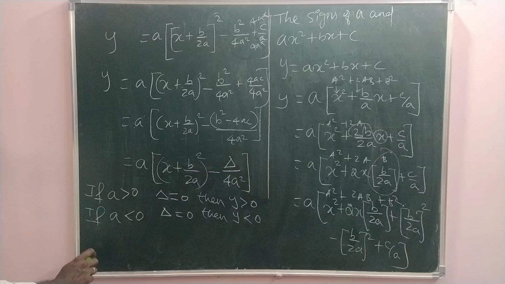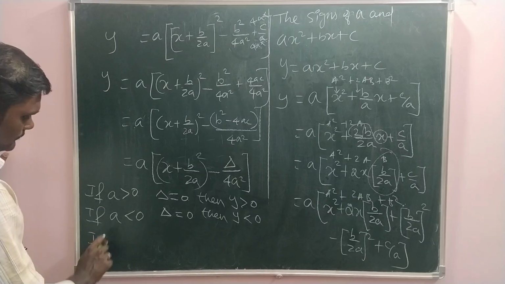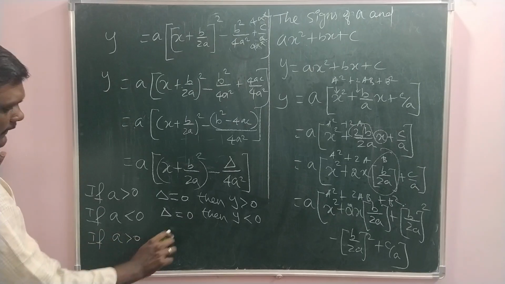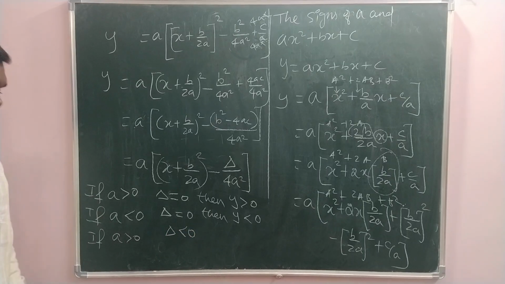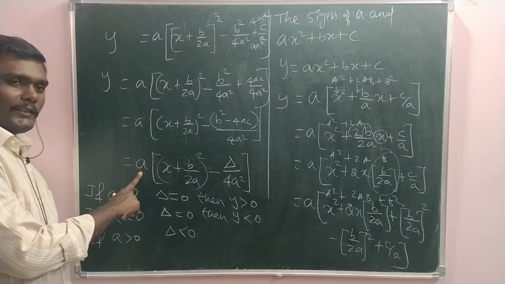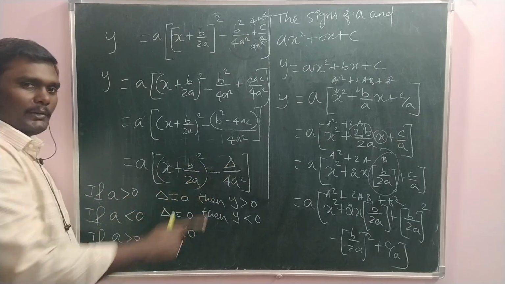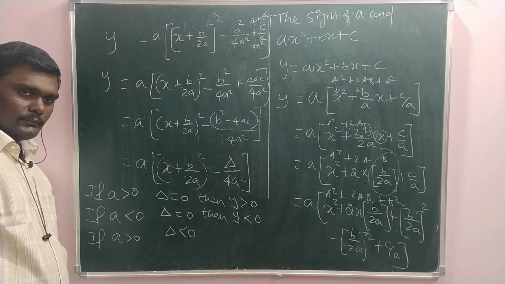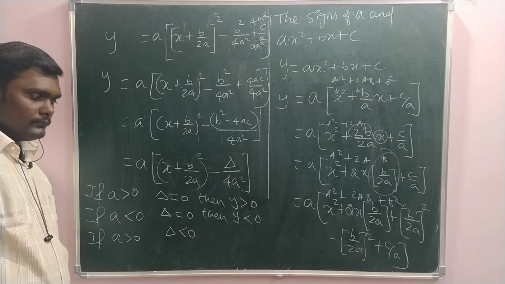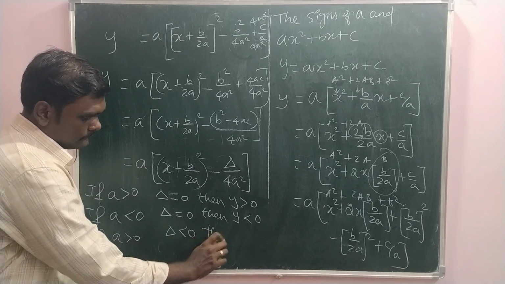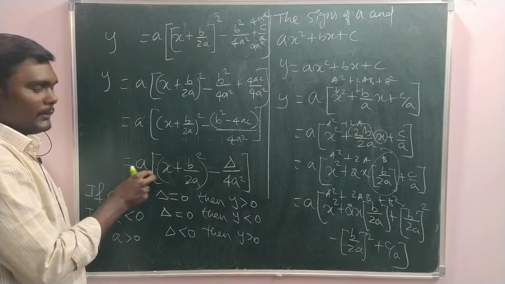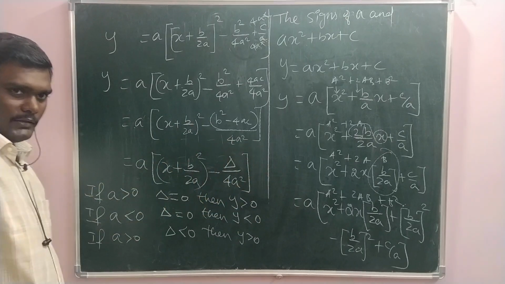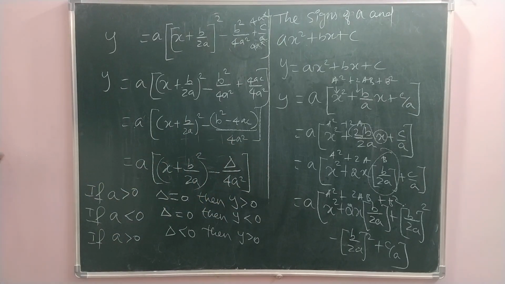Great. And then if a is greater than 0 and del is less than 0, then what will happen? This is a positive quantity, this is a negative quantity. Then negative and negative, here also positive, here also positive, totally positive, y is greater than 0. Okay.